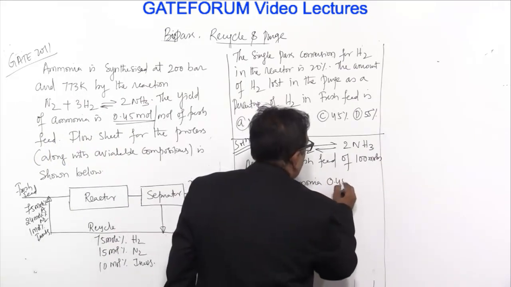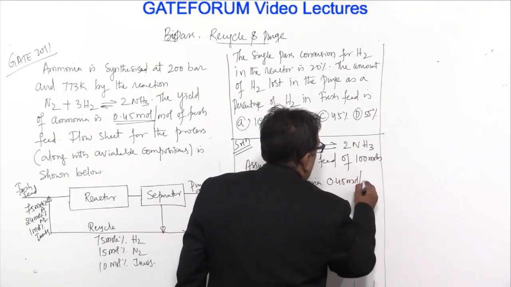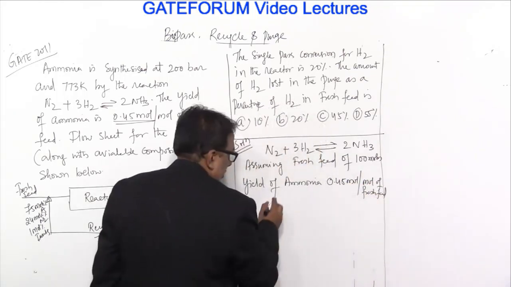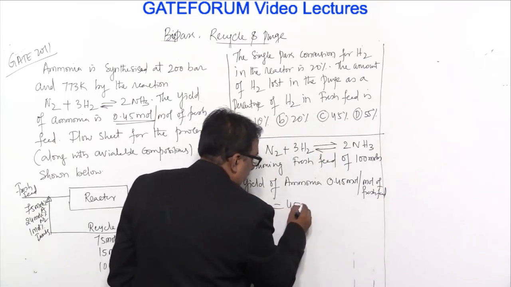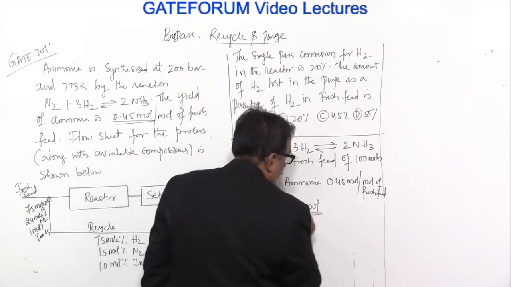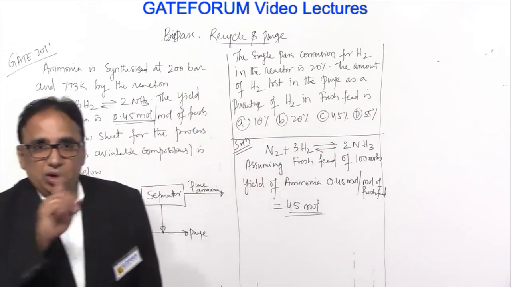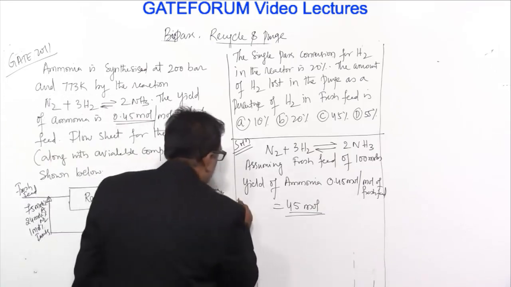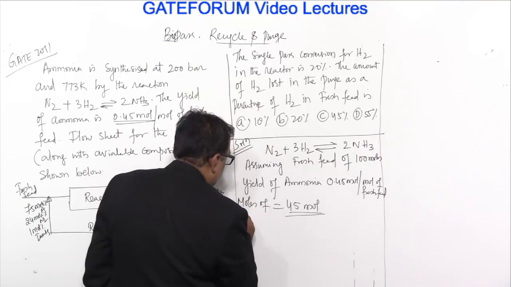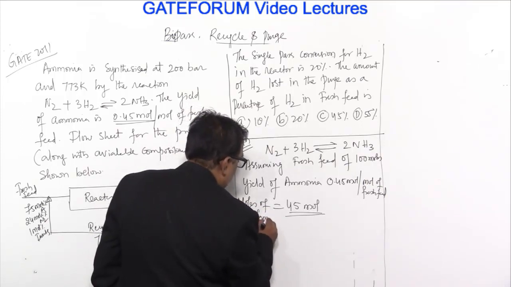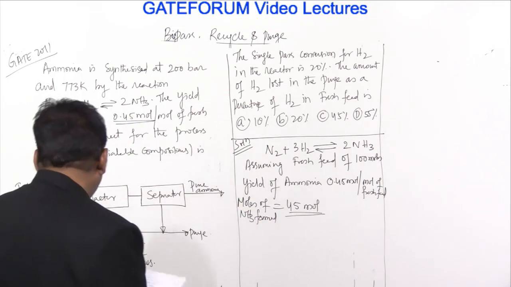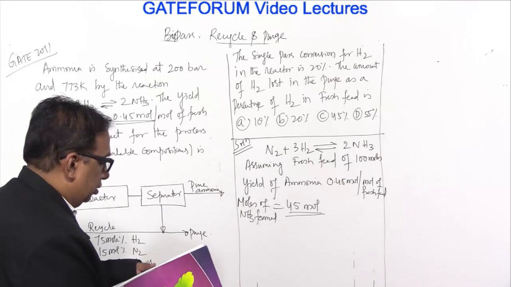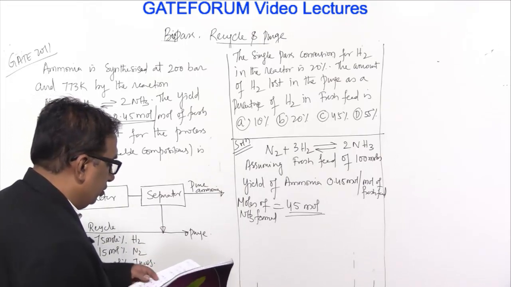So for 100 moles it is 45 moles. Moles of NH3 formed is 45 moles.